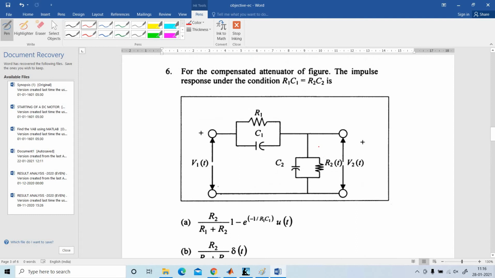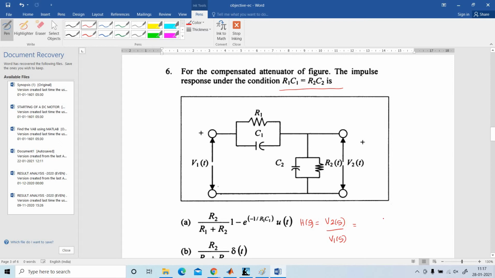Next, for the compensated attenuator of the figure, what is the impulse response under the condition R1C1 equal to R2C2? H of S is the Laplace transformation of the output divided by the Laplace transformation of the input.